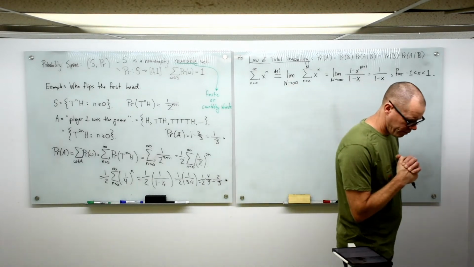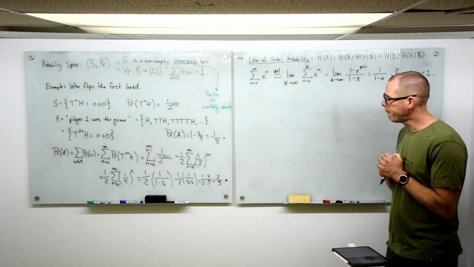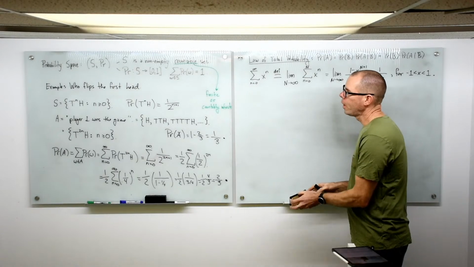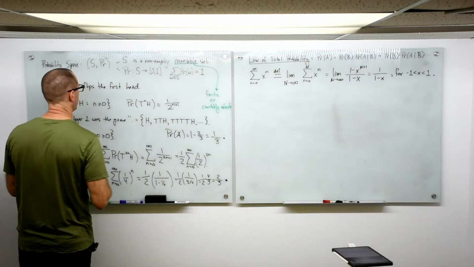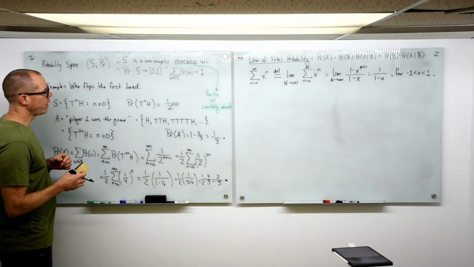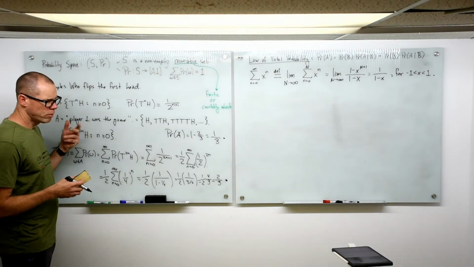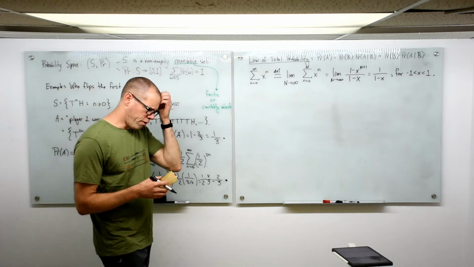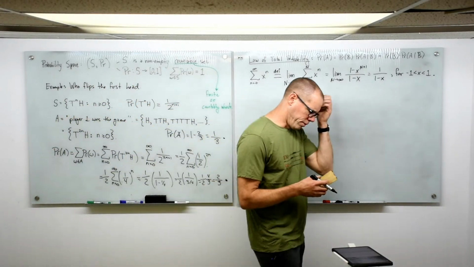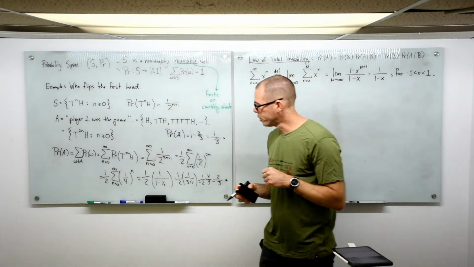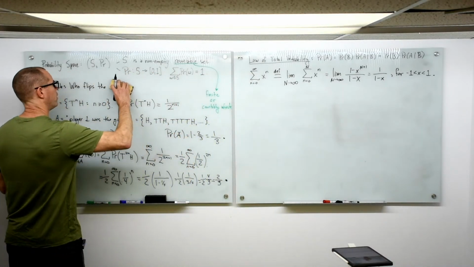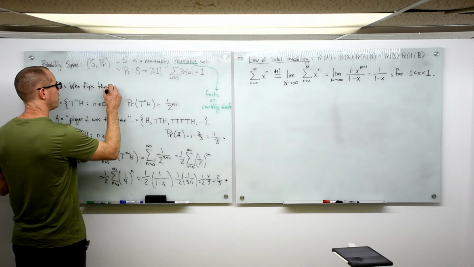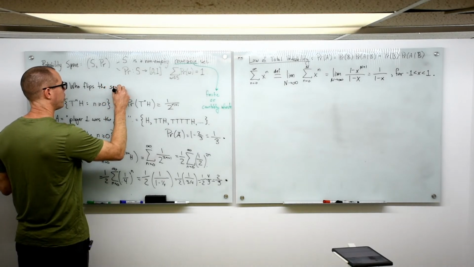Let's play another game. This is a variant of this. This was too easy, and it was too obvious that player one has an advantage. So let's look at who flips the second head.